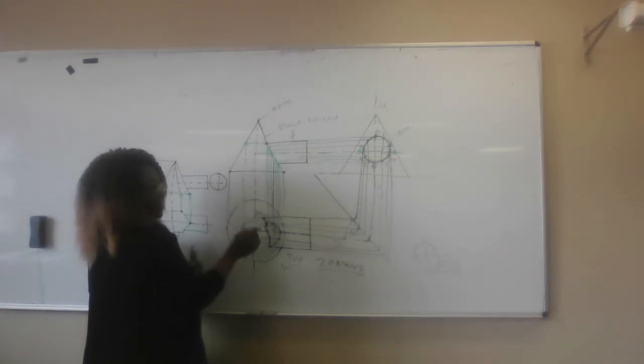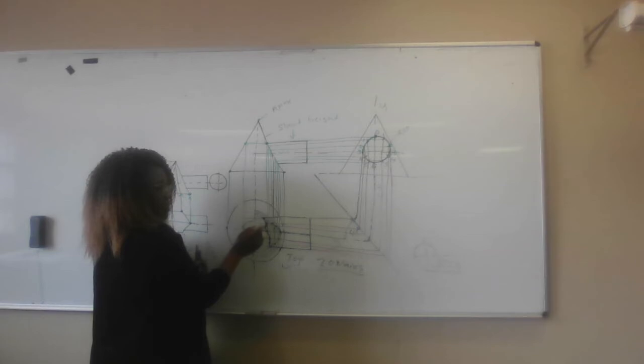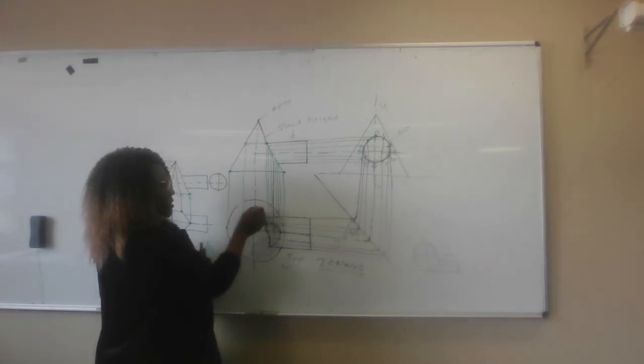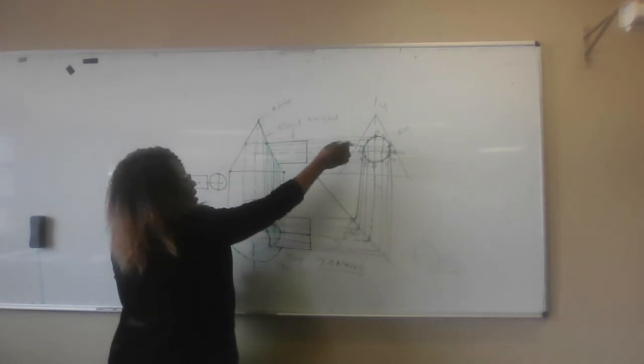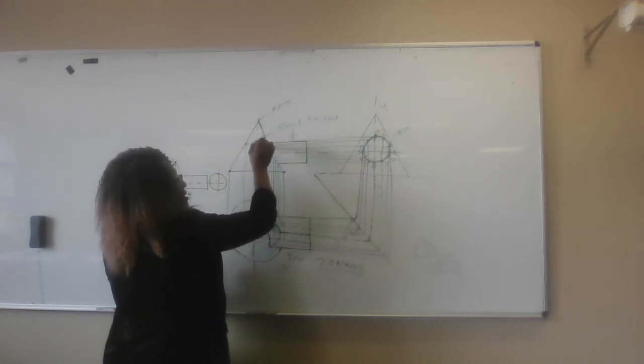If I want 1, which is this one here, that was our next arc, number 1. You go straight with this point here on the interpenetration, which is 1. That's 1, all the way up.